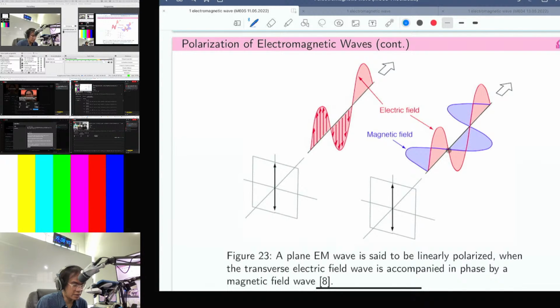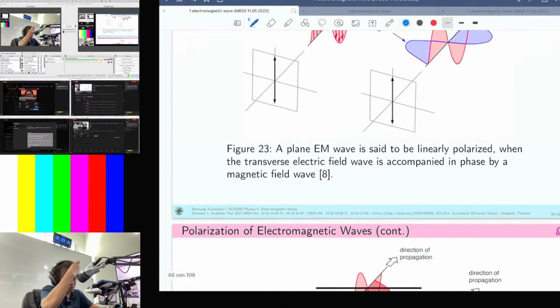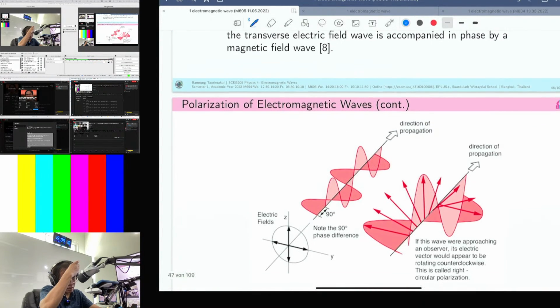When the electric field reaches 0, the magnetic field also reaches 0. When the electric field is extremely negative, the magnetic field is also extremely negative. They have the same phase. This is the first type of polarization in electromagnetic waves.